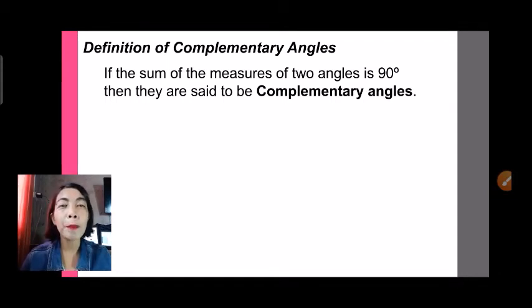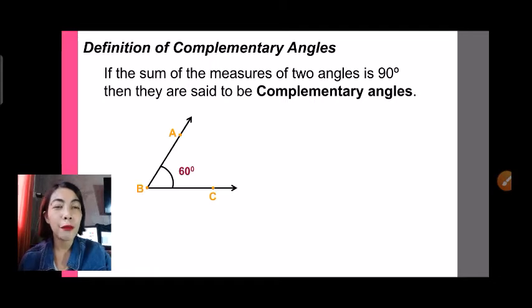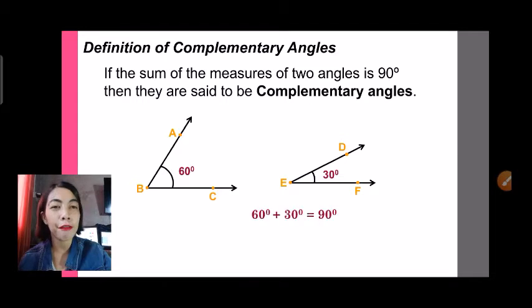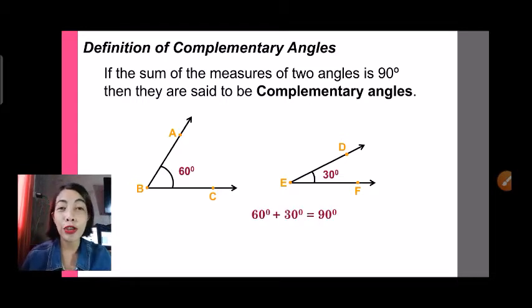So this one, definition of complementary angles, if the sum of the measure of two angles is 90 degrees, then they are said to be complementary angles. So we're talking about two angles. Let's say for example, angle ABC and angle DEF. So, yung measure nila, i-add natin, isa-sum up natin. If the sum of the measure is 90 degrees, then they are complementary.